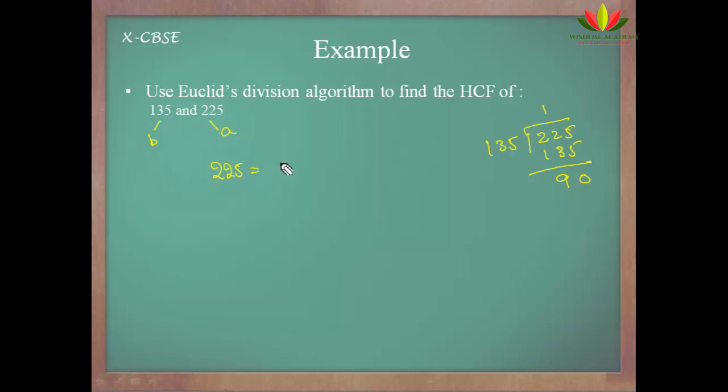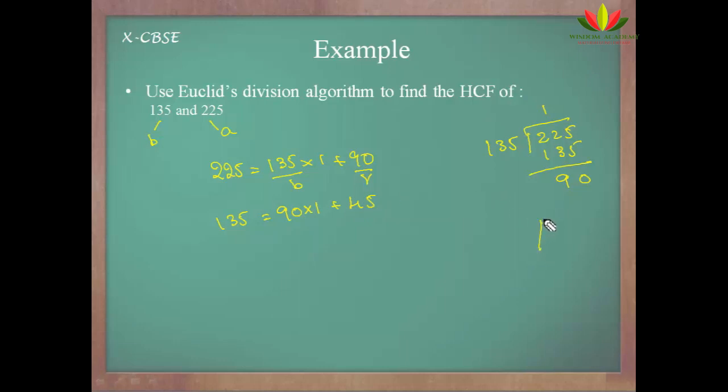So 225 can be expressed in the form of 135 into 1 plus 90. Now I will check my remainder. Remainder is not 0. So I will repeat the same step for my B and R. So divisor 135 is equal to 90 into 1 plus 45, right?